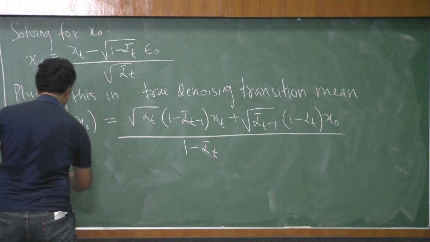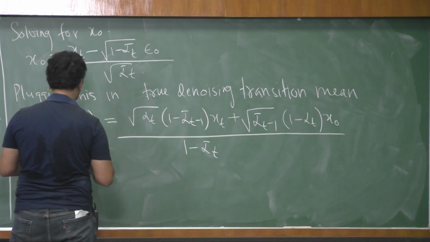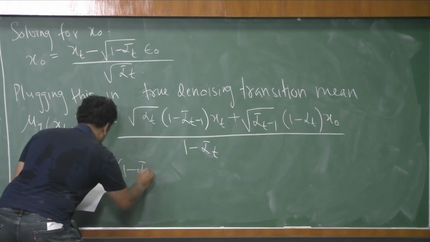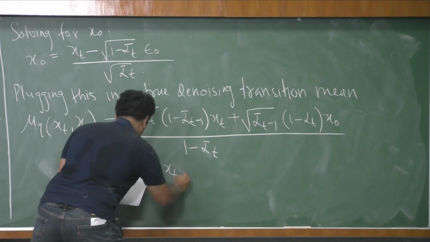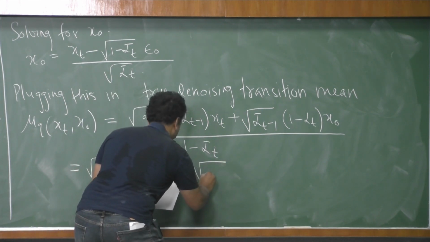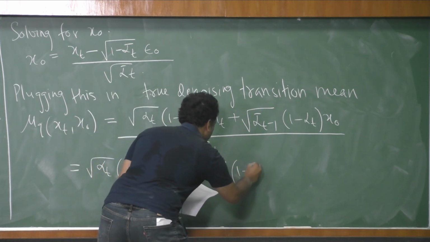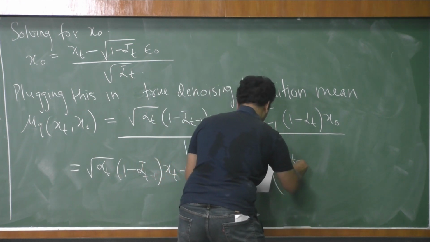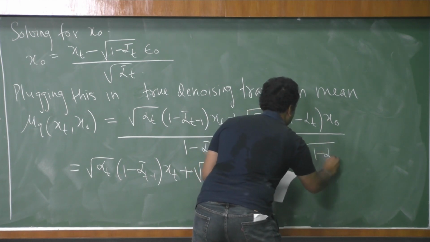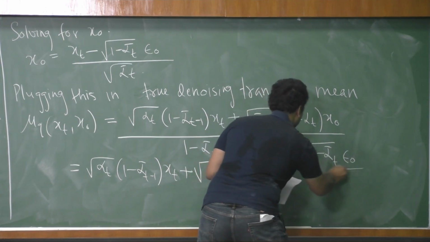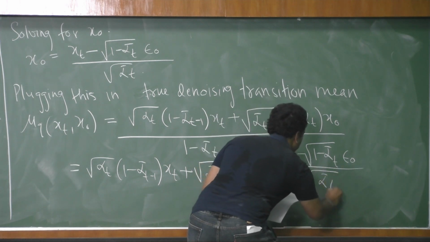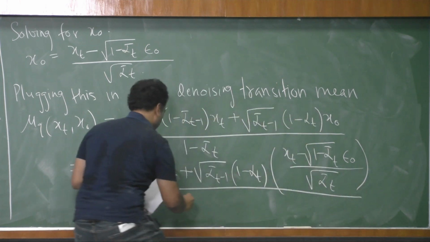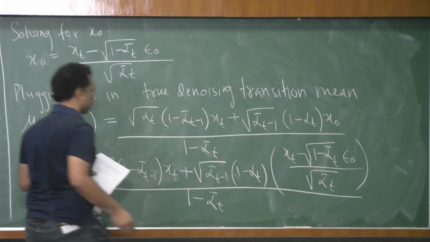So this will be equal to, we'll just put this x naught there. So this will be square root of alpha t (1 minus alpha bar t minus 1) xt plus square root of alpha bar t minus 1 (1 minus alpha t), and then we have substituting this x naught, (xt minus square root of 1 minus alpha bar t epsilon naught) divided by square root of alpha bar t, and then the whole thing divided by 1 minus alpha bar t.